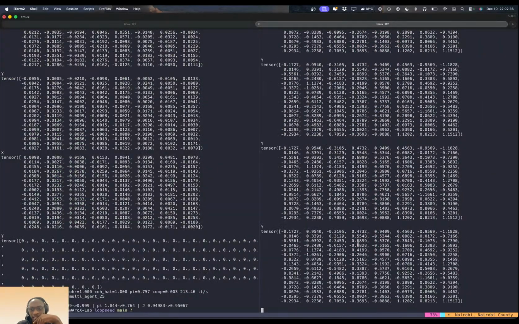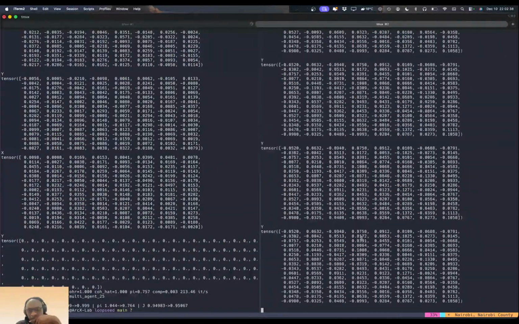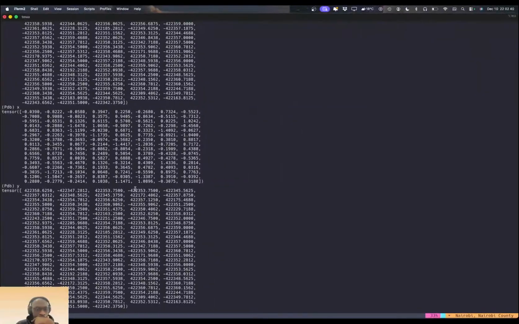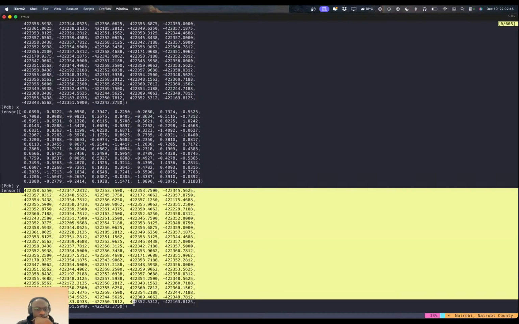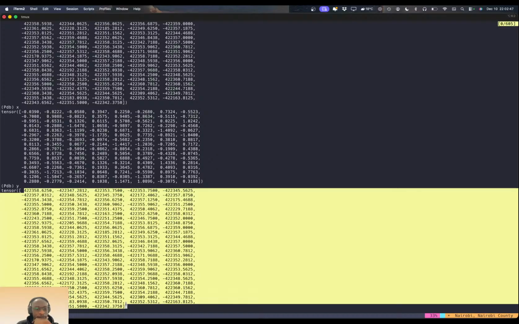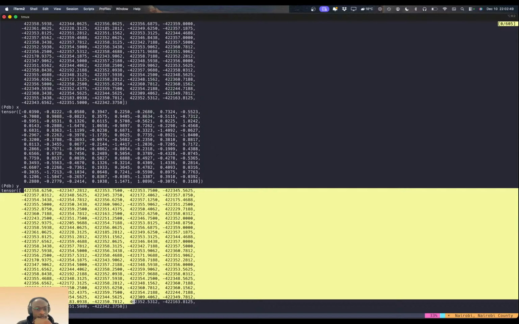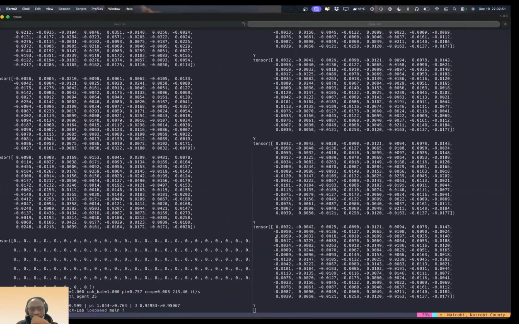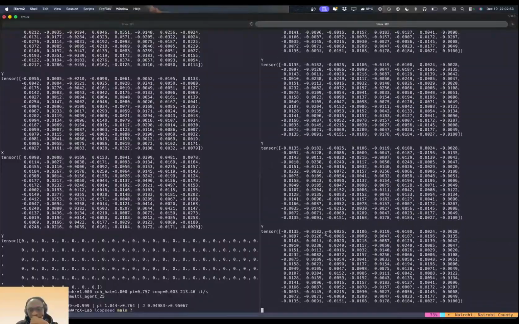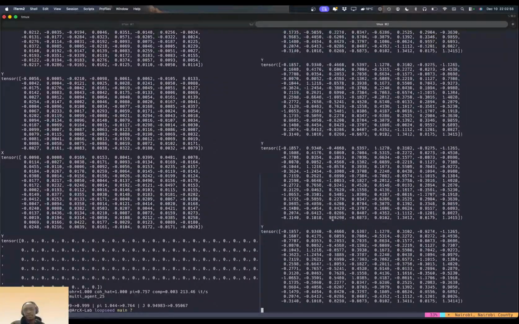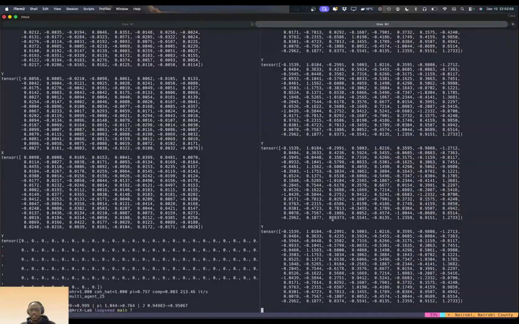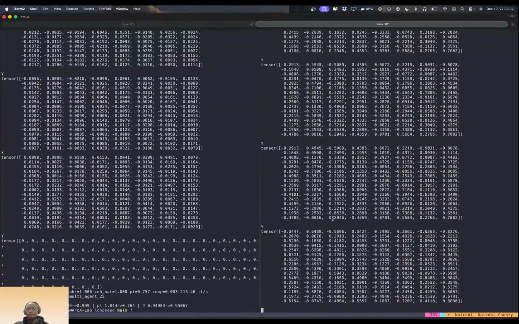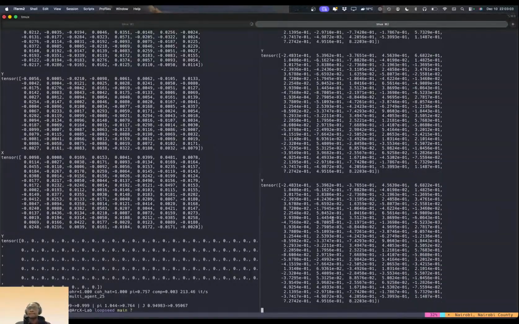Hopefully it still learns, because it has been going crazy here. These values have been so high. All right, so hit zero, hit zero, hit zero.